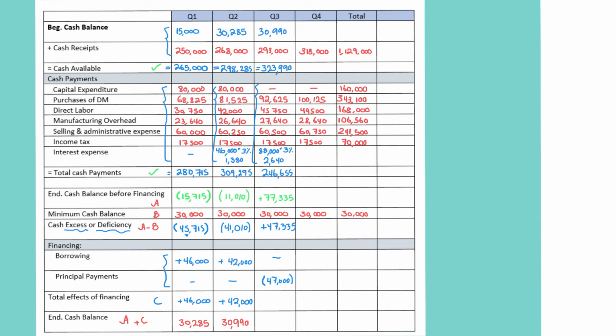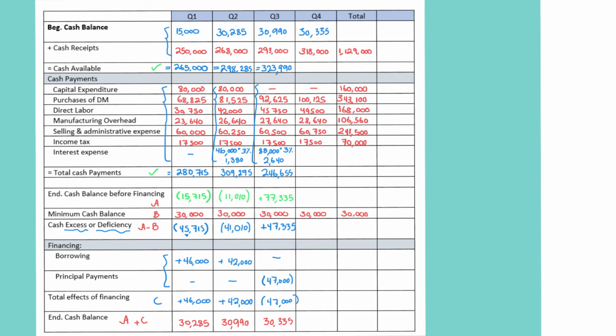Okay, because we don't have 48 to pay, we have 47 to pay. So the total effect of financing will be negative 47,000. Now A plus C. A is positive 77,335 less the 47,000, so it's gonna be 30,335.